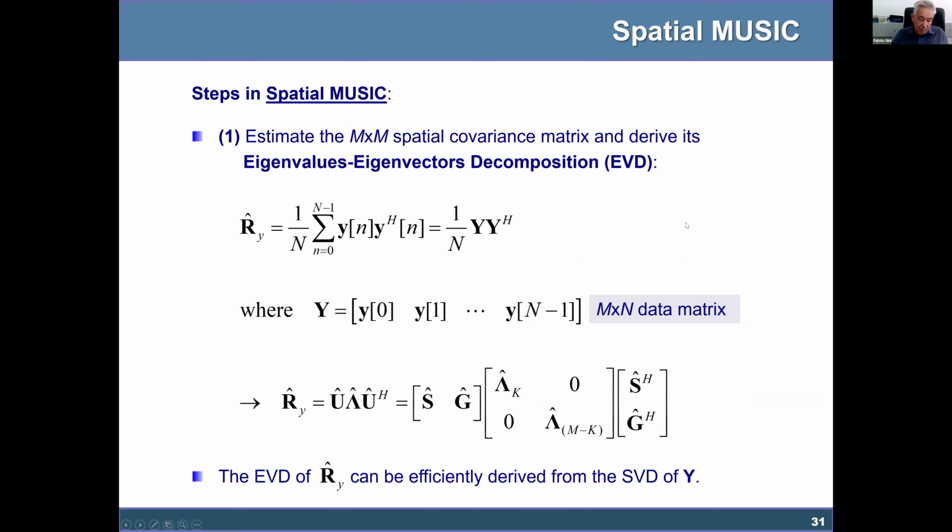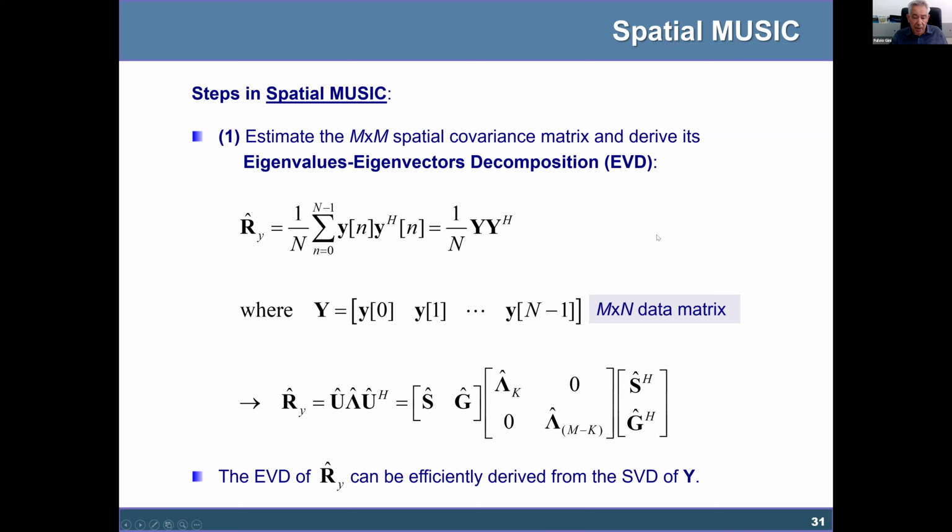So at the end, to summarize, the spatial MUSIC method is organized in these steps. The first step is to estimate the spatial covariance matrix of the data. So it is the sample covariance matrix. It can be expressed in matrix notation if you define Y as the data matrix.